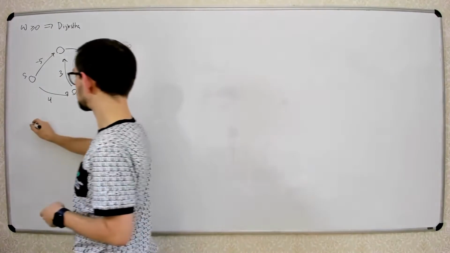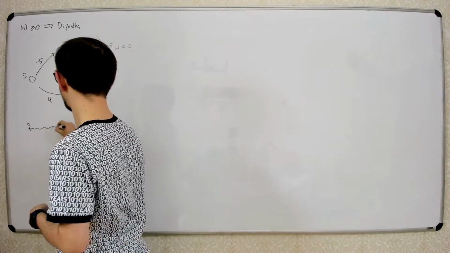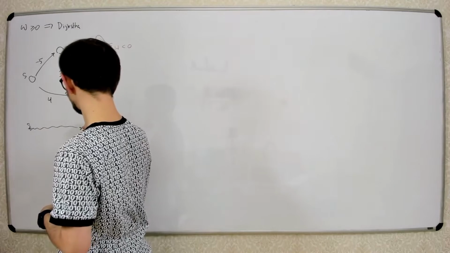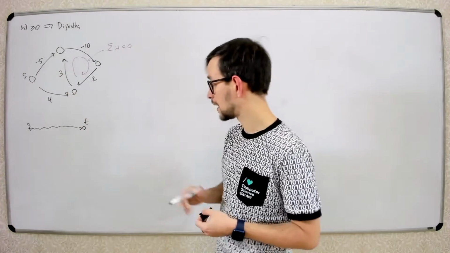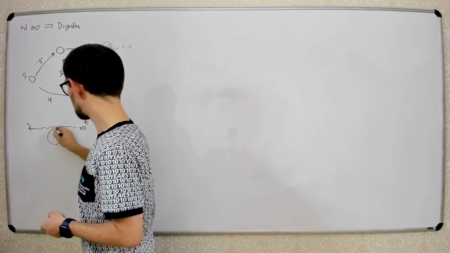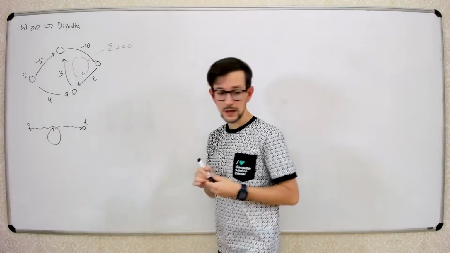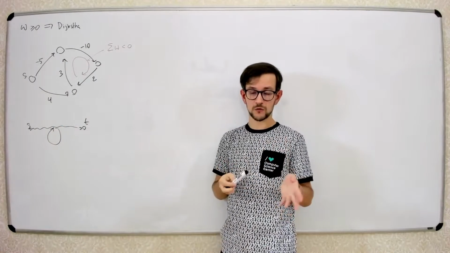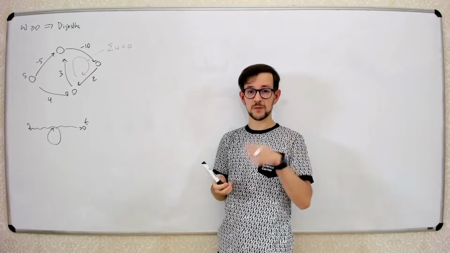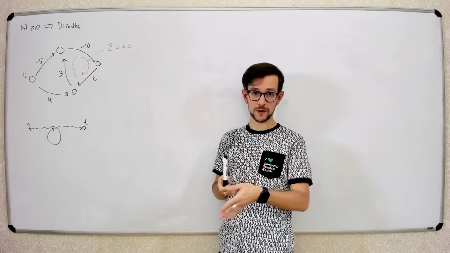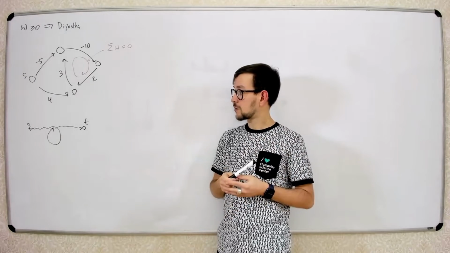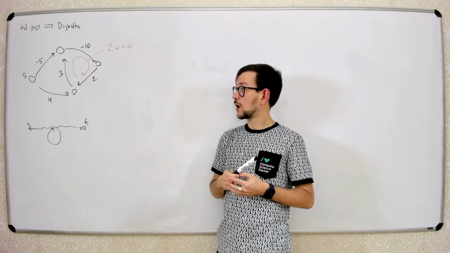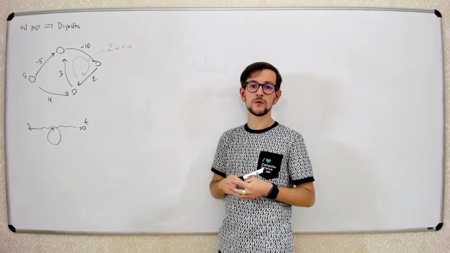Because if you take some path from S to T, and you have a negative cycle here, then there is no minimal path. For any path, there is another path which is smaller than your path. That's a problem. But maybe you can solve one problem.